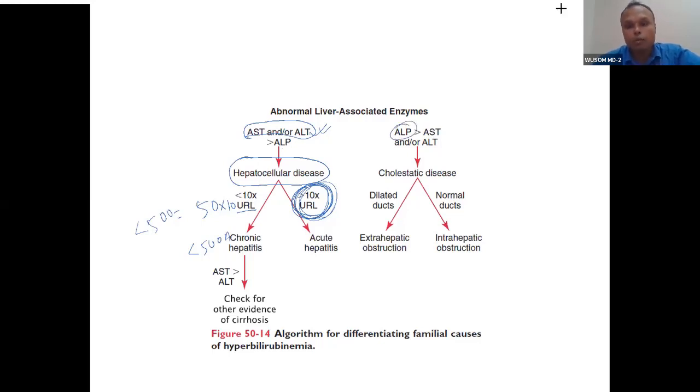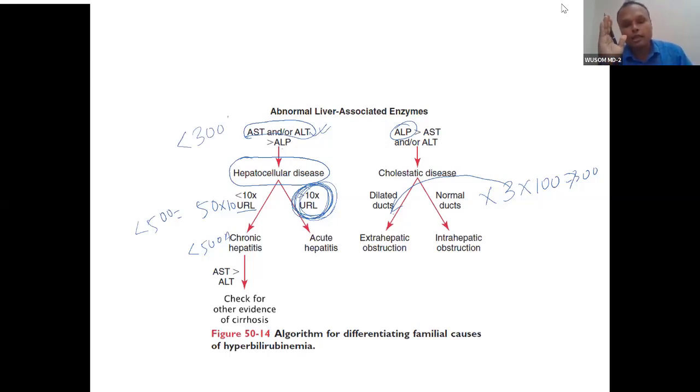ALP concentration will be more than 3 times high, meaning more than 300 in obstructive jaundice. In hepatic jaundice, the ALP will be high, but less than 3 times. So this is the differentiation based on enzyme.